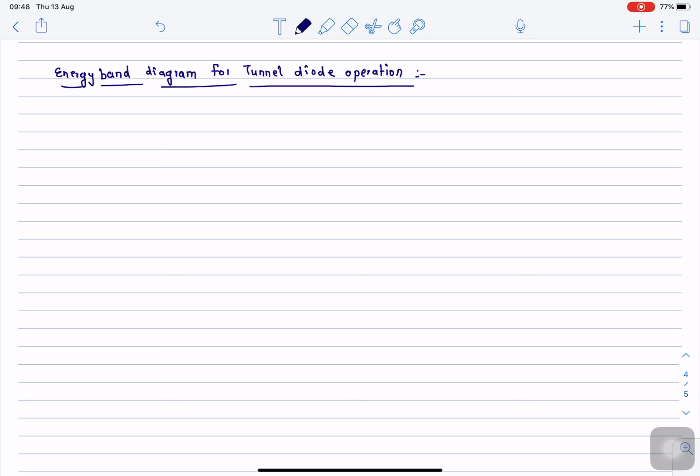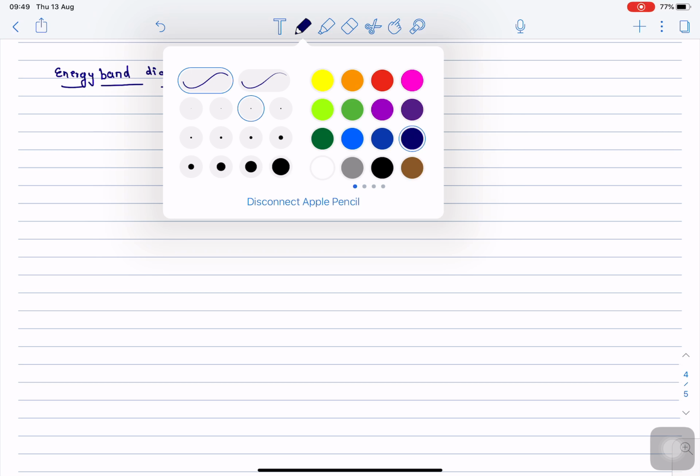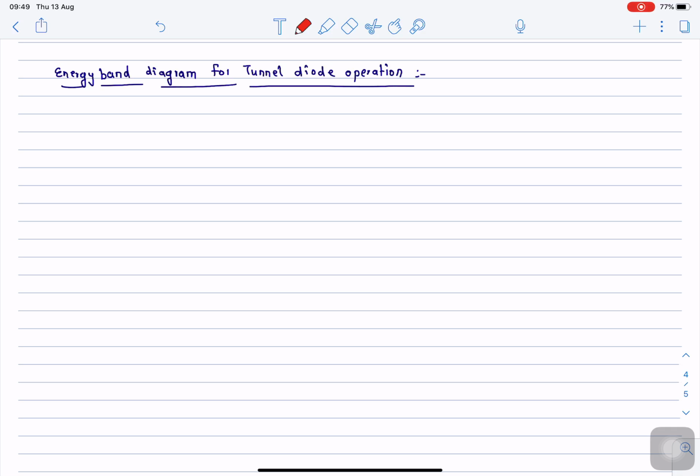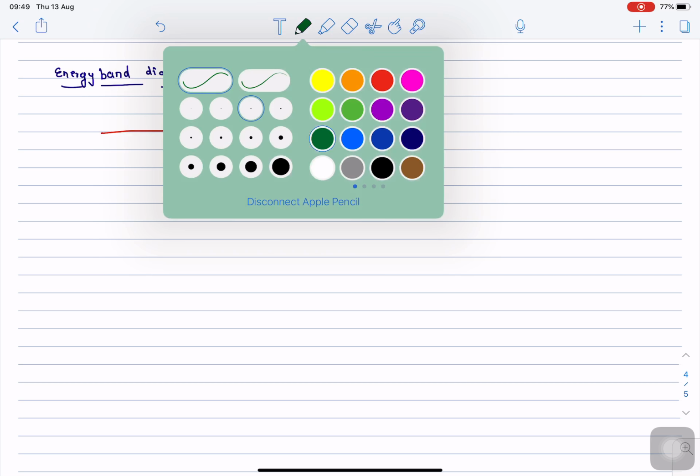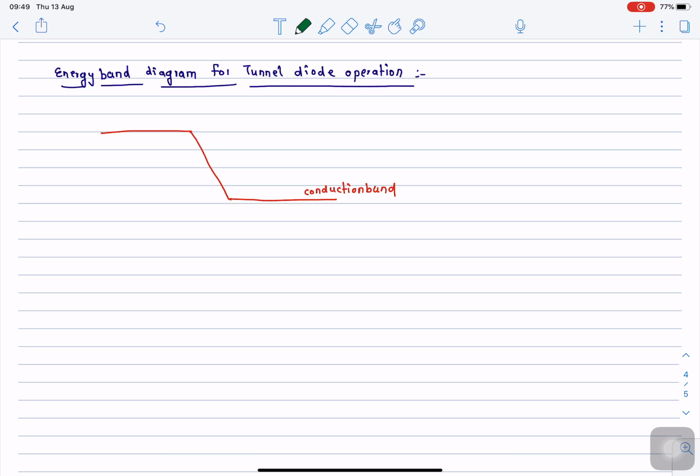So let us say the conduction band is shown in this way. This is a conduction band. Okay, and I will also show the valency band.